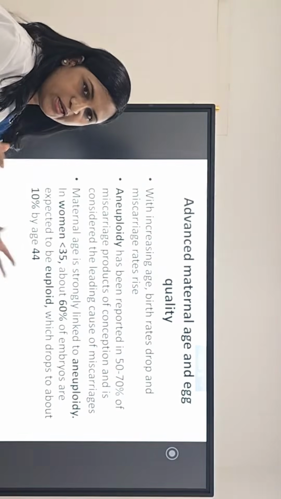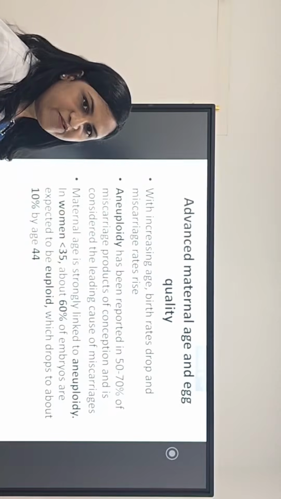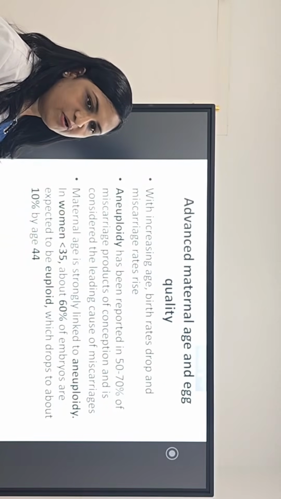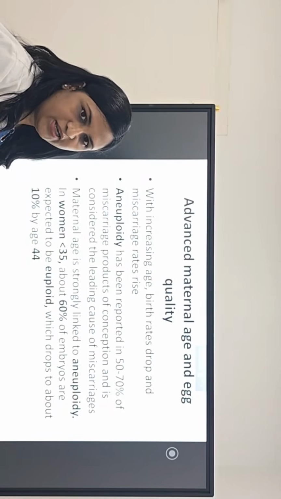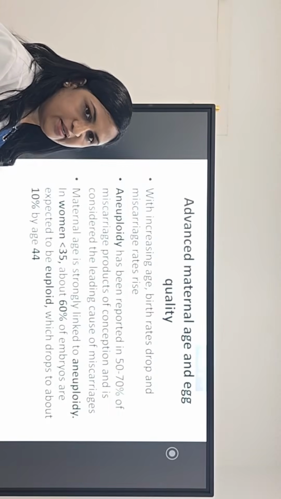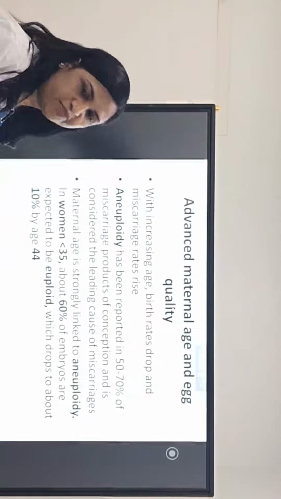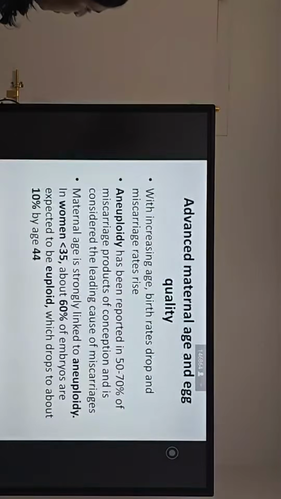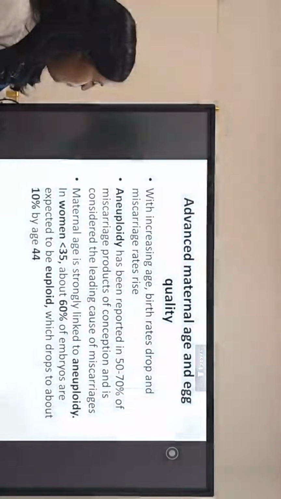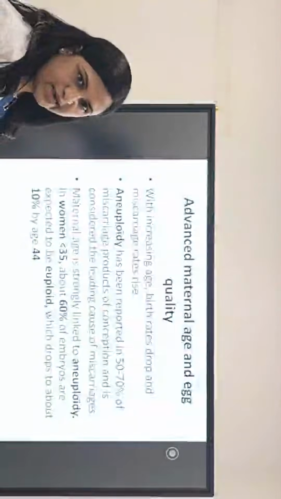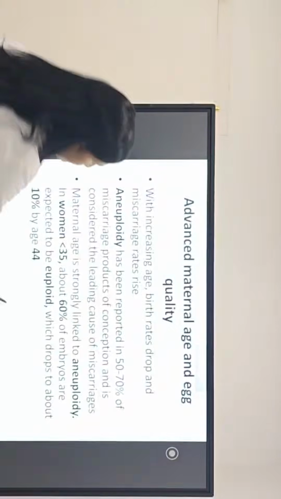That is, during the metaphase stage of meiosis 1, there will be crossing over, and during crossing over, non-disjunction will occur. So, in women less than 35 years, 60% of the embryos will be euploid. But if the patient is 44 years, only 10% will be euploid.